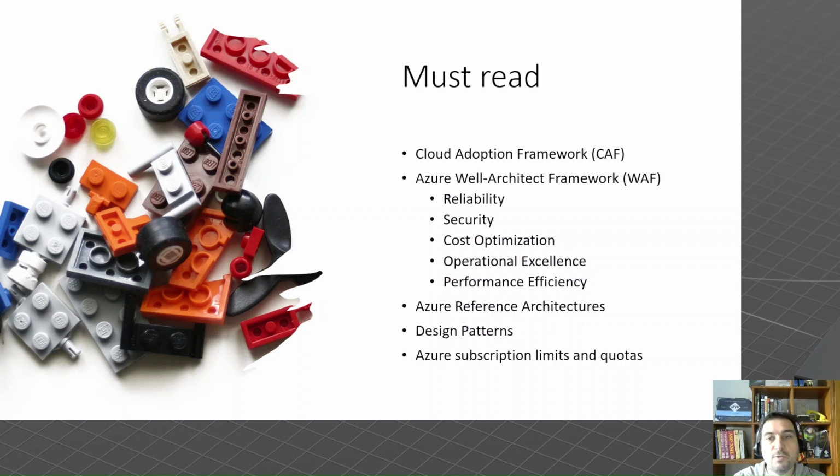It's evolving content, so Cloud Adoption Framework, well-architected framework, the reference architectures, the patterns, everything gets updated as soon as new things are either added as part of the service or introduced as a possible way how to solve some issue. I emphasize here the Azure subscription limits and quotas.